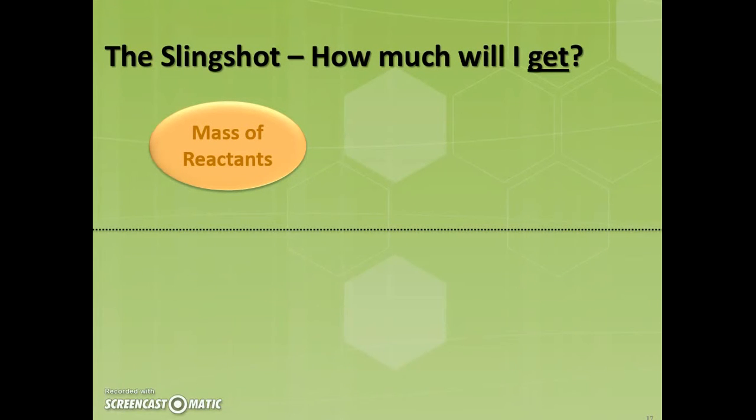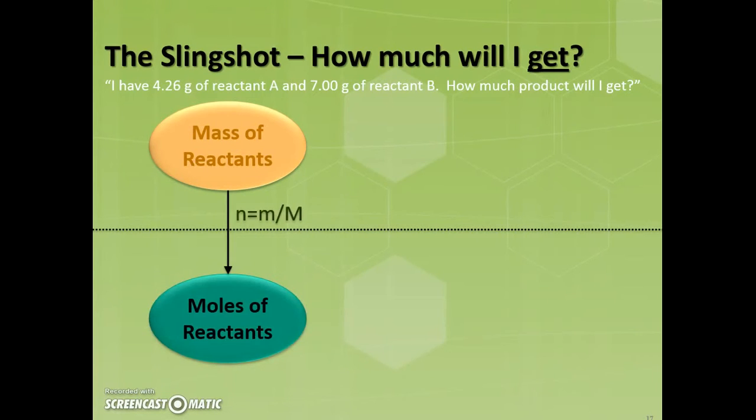Okay, so a little cartoon to help us get that idea through. So let's say we're given the mass of the reactants. I have 4.26 grams of reactant A and 7 grams of reactant B. How much product will I get? Well, we fire up our slingshot. The first thing we do is apply our molar mass to get the number of moles of each of the reactants.